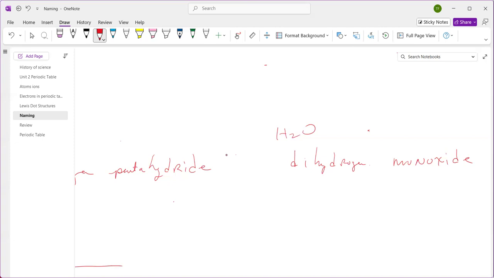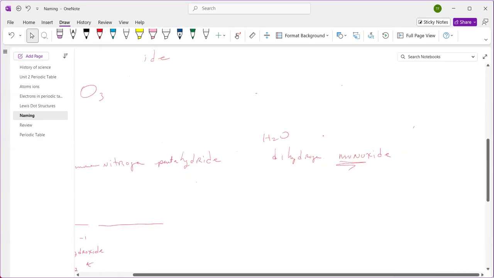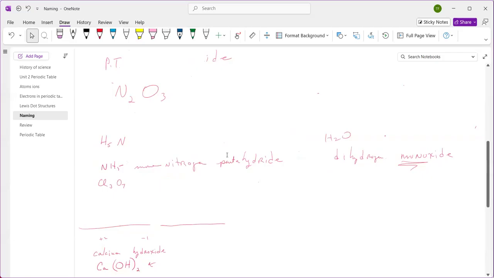Like water. Okay, now the difference between these two, notice the mono over here on the right versus the mono on here is on the left. If it's on the left, it's optional. So the other way to write this would be nitrogen pentahydride.